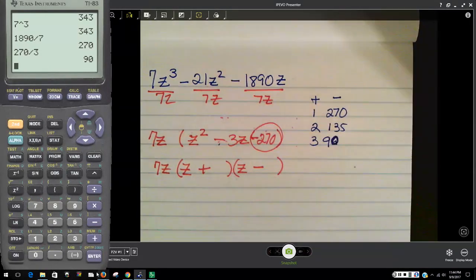And I don't think it's divisible by 4. Nope. No, well, it is divisible by 5. 270 divided by 5 is 54.